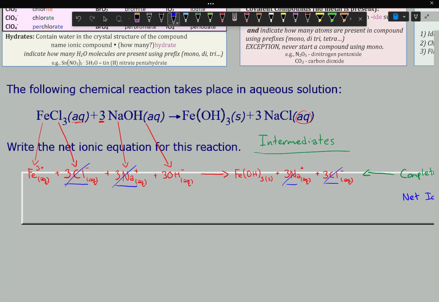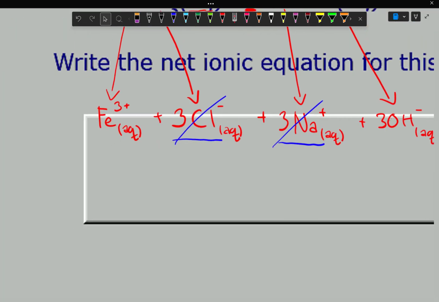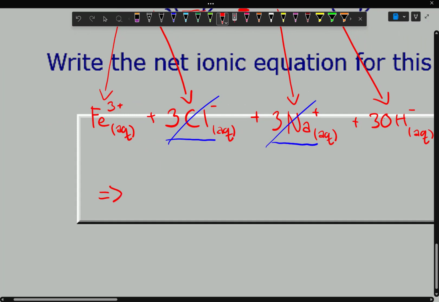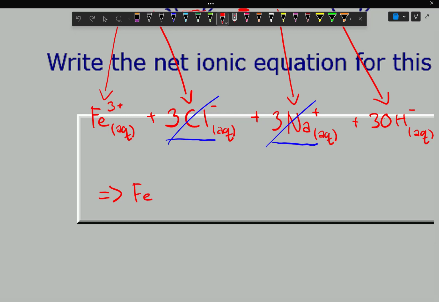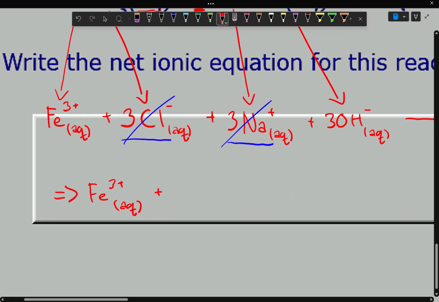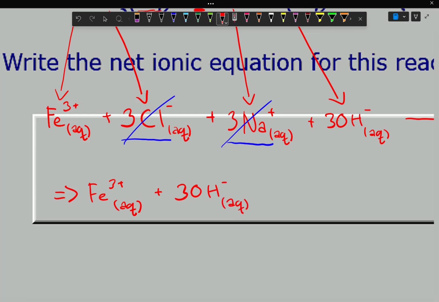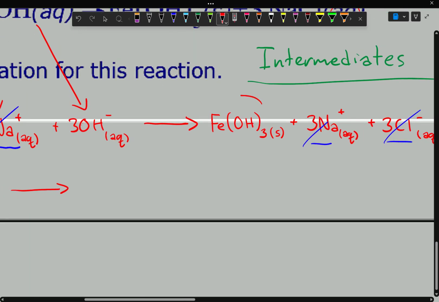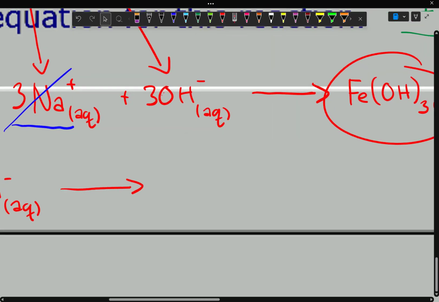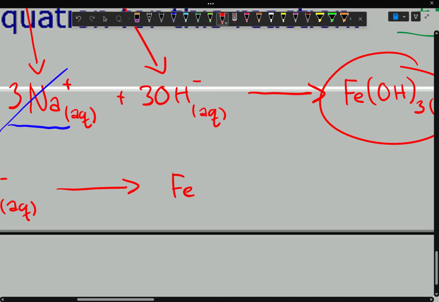We don't need to write them. And we can simplify this without those intermediate terms. And we're going to be left with Fe3+ plus 3OH- aqueous, reacts to form iron hydroxide, which is solid.